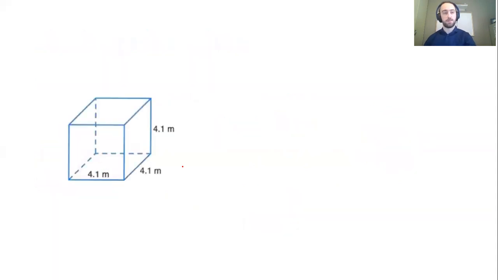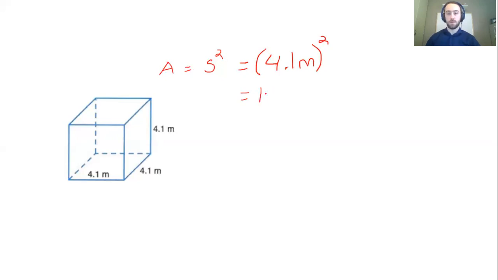Let's try another one. Here we have a square. So again, we're going to first find the area of our base, which in this case, we know to be side squared. So we have 4.1 meters all squared. Perfect. Giving us an answer of 16.8 meters squared. We have our cross-sectional area.